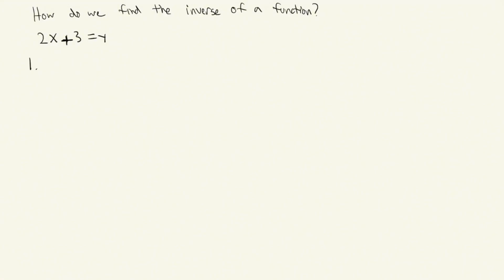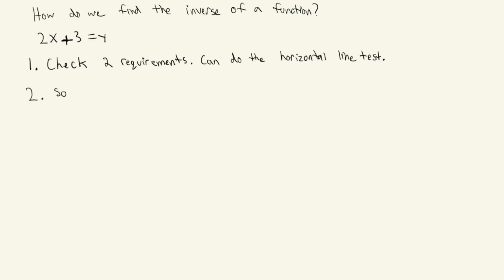The first thing you have to do is check to make sure the inverse exists. So first you check the two requirements. And an easy way to do this is the horizontal line test. Second, you're going to want to solve for x.